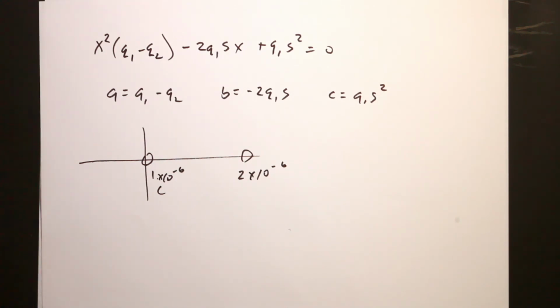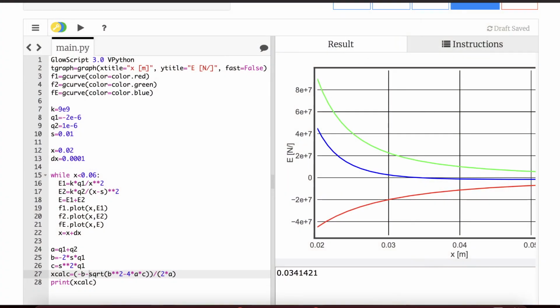I'm just going to change Q1 to positive. The distance between them is 0.01, so I'm going to start X at 0.05.